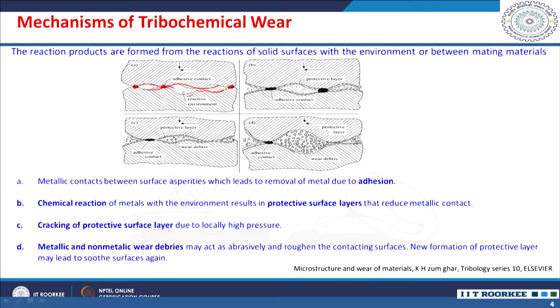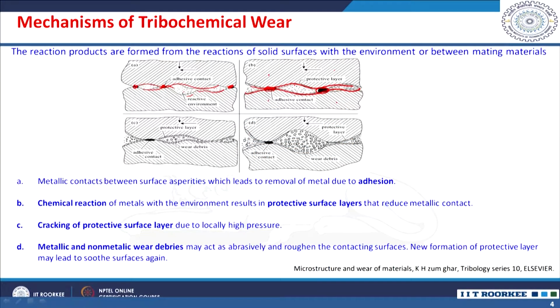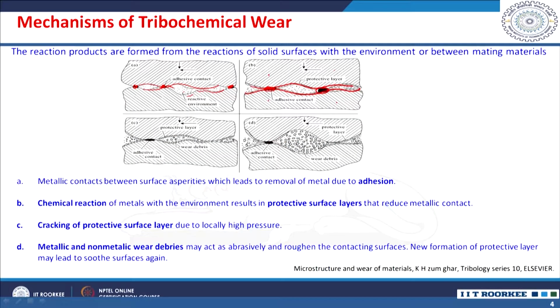The material removed at this contact is because of the adhesion, that this is adhesive contact. So, the chemical reaction of metals with the environment results in protective surface layers that now reduce the metallic contact. So, the metal to metal contact is reduced, but how is the material removed? Material is removed by cracking of this protective surface layer because of the high pressure, right.